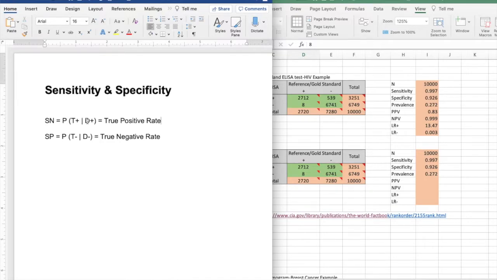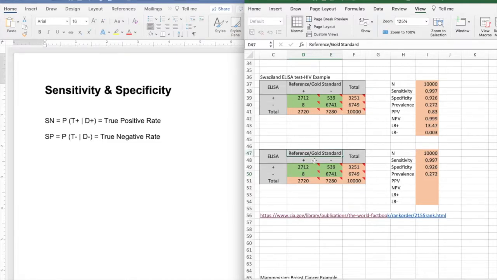That's why we're testing them. We know here because we're comparing it to a gold standard. We already have that information. So sensitivity and specificity are just a step to start to appraise the diagnostic utility of a test. It doesn't stop there.